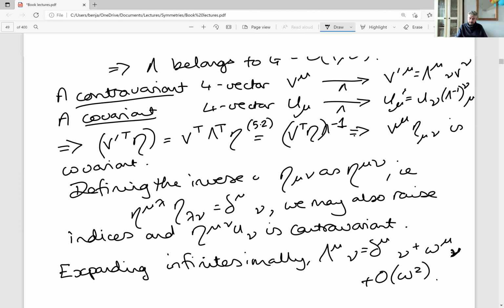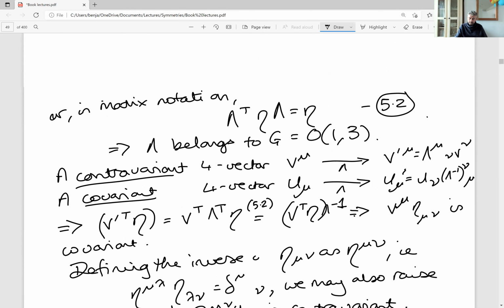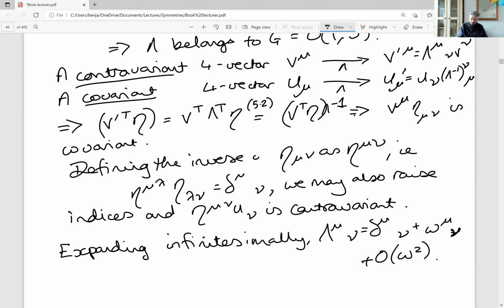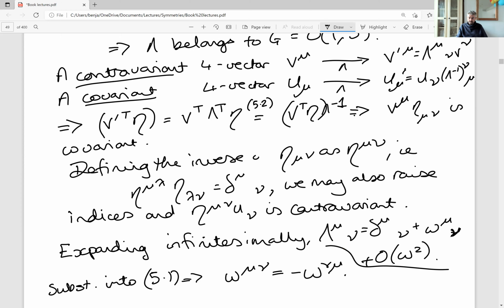Then I can apply 5.1 to this, substitute in to 5.1, and this implies that once you've lowered and raised an index, omega^(mu nu) is minus omega^(nu mu).